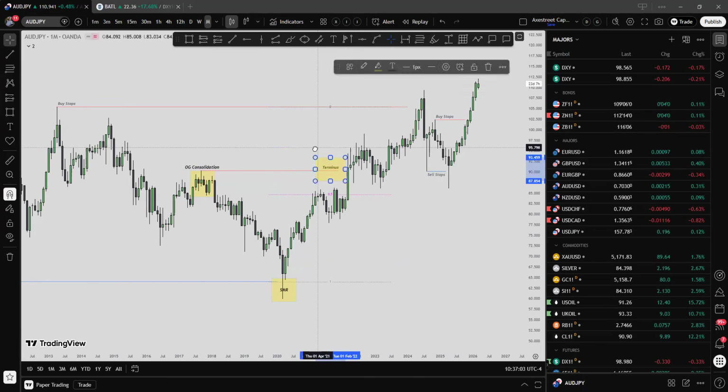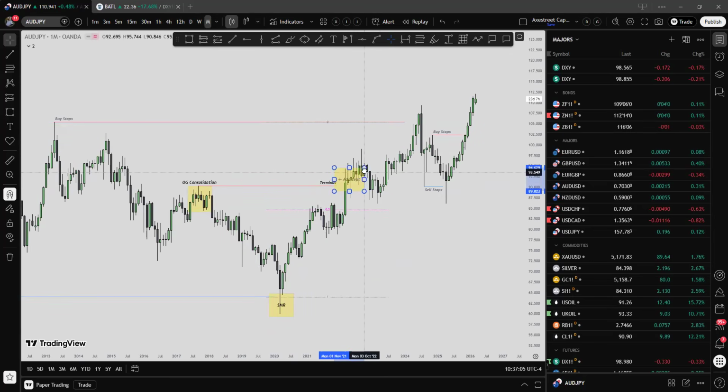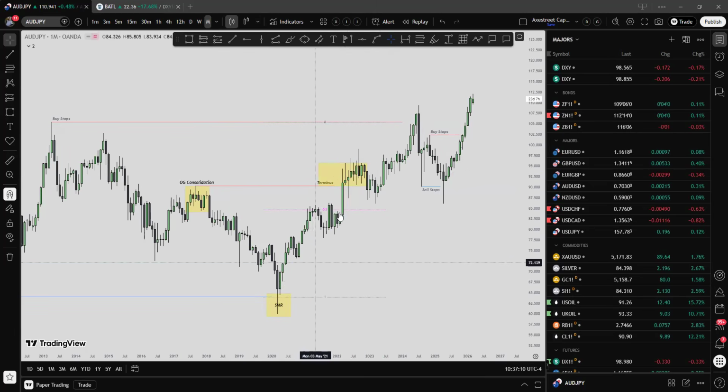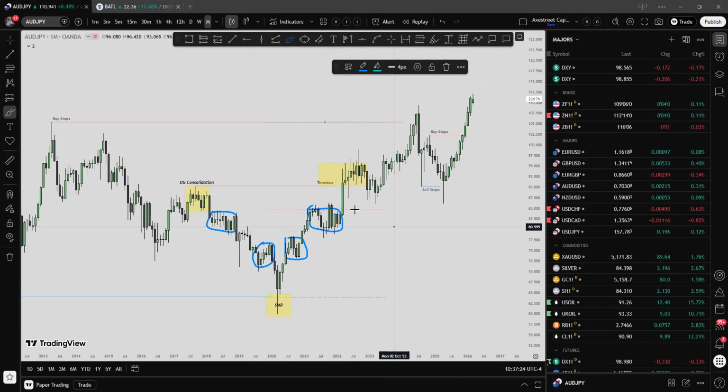Excellent. All right. So we can see this market maker model in here, guys. I want you to notice this is a second stage of distribution, right? Here's a first stage of accumulation on the buy side of the curve. Here's a second stage of accumulation and also the silver bullet, right?